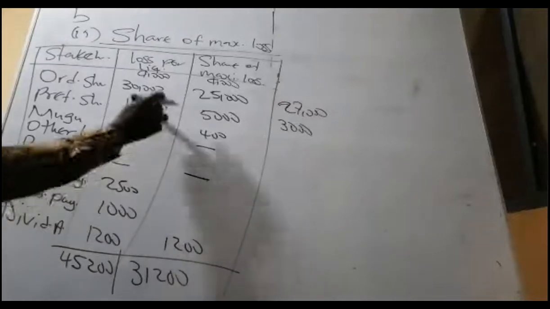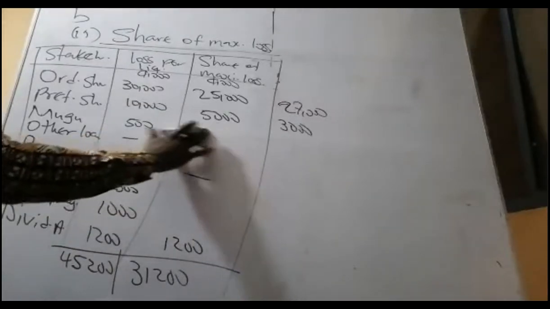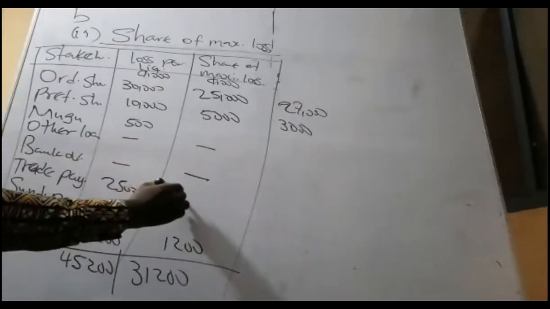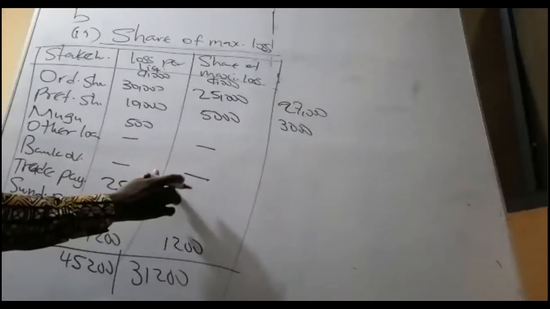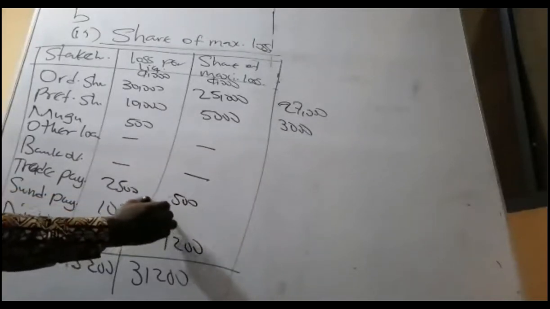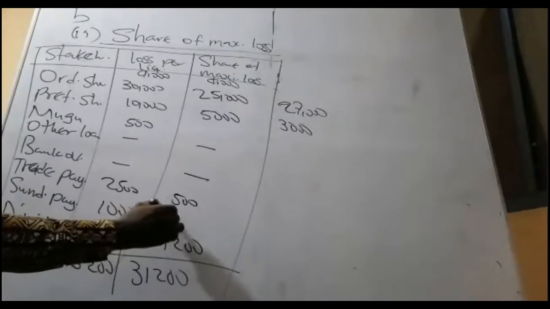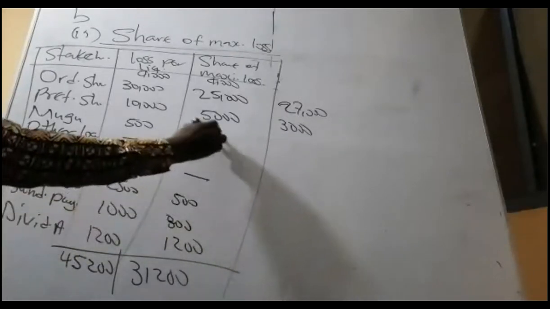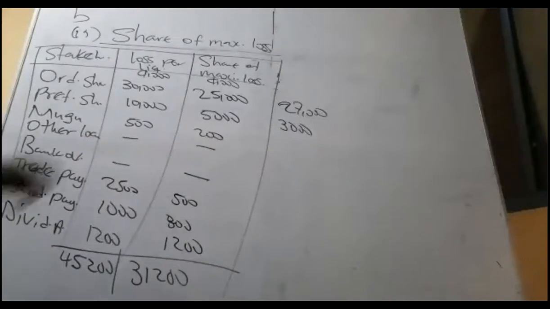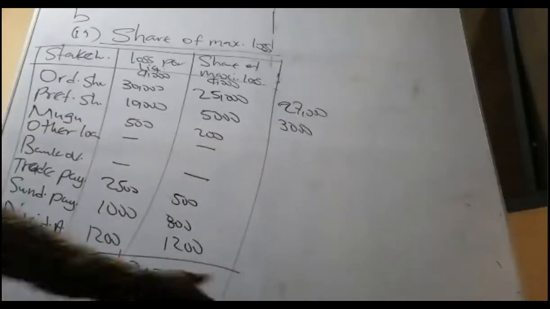All these three people should lose 1,000, so let's make it 500, 300, and 200. Perfect. So the loss is minimal. They will not complain. Discretionary.